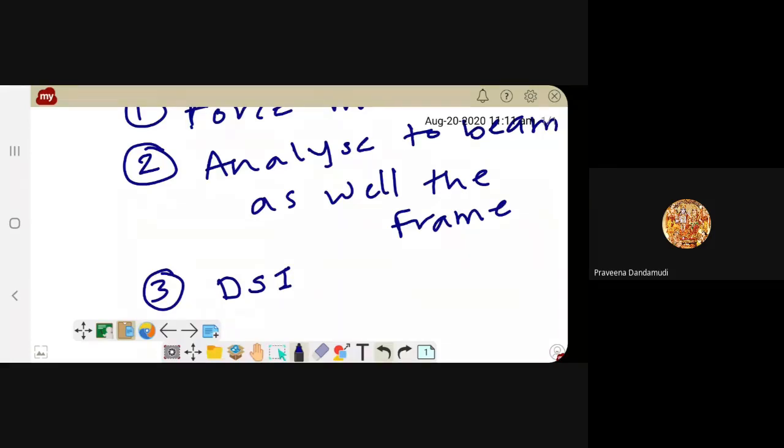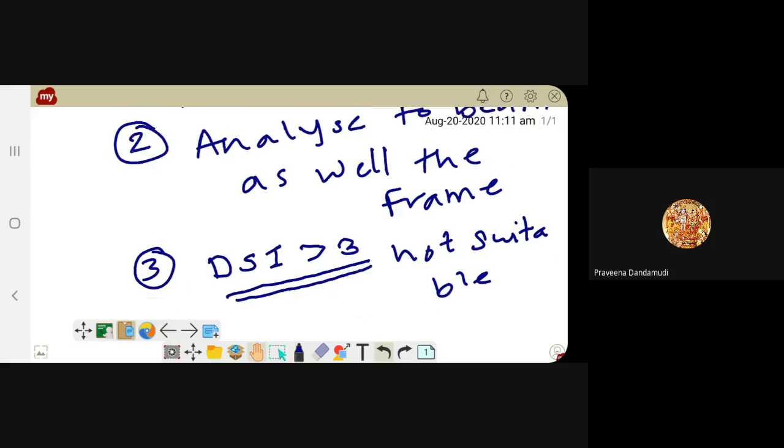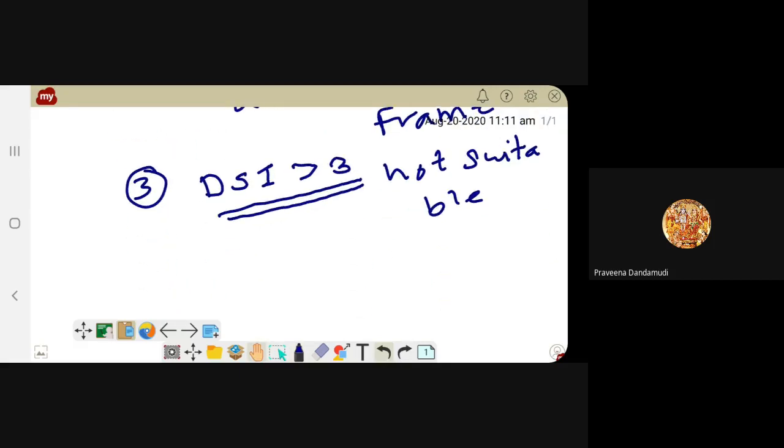If DSI is greater than 3, okay, this particular method is not suitable for DSI greater than 3. Okay, understood? Because we require more number of equations to solve the particular problem. So it is very difficult to solve if the DSI is greater than 3.